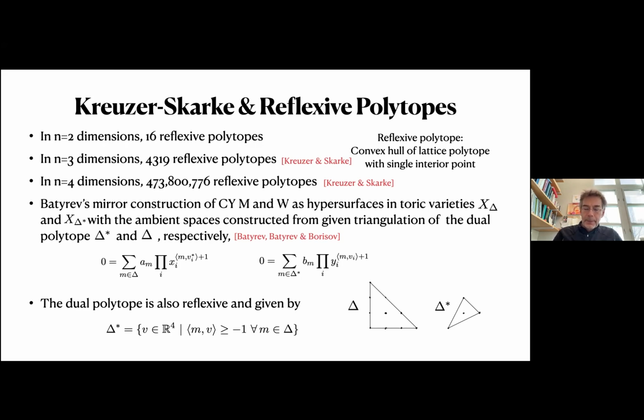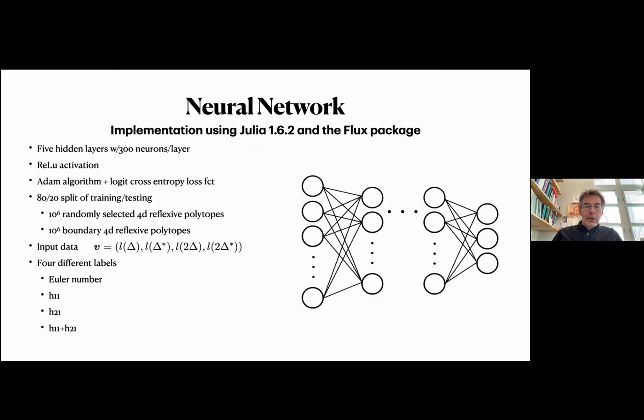Okay, so now let's move on to the neural network. This is for me very much a black box, and here's where Ben, my student, really came to the fore and implemented this neural network using these packages, Julia 1.6.2 and Flux.